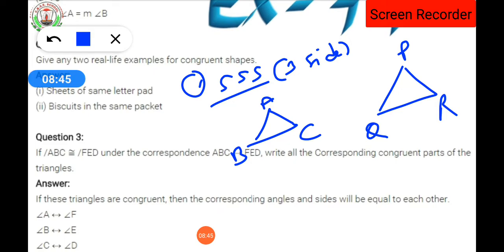Listen, if under a given correspondence the 3 sides of one triangle are equal to the 3 corresponding sides of another triangle, then the triangles are congruent. Now here the definition says that when the 3 sides of one triangle are equal to the 3 sides of the corresponding second triangle, then the triangles are congruent.